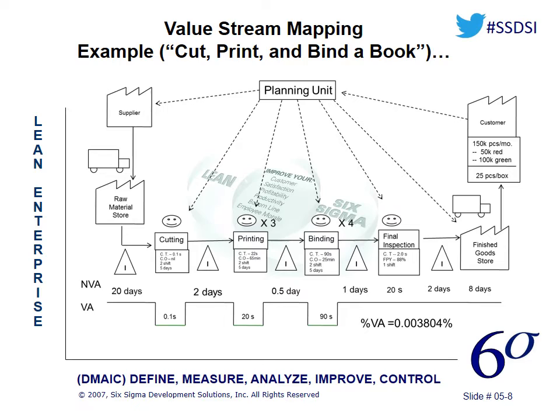Now, in a process map, we're looking at all the tributaries to the river. We're looking at all the different things that happen in the process. But again, a value stream is not a process map. It's just showing you the value of one part, piece, or transaction as it flows through the process.